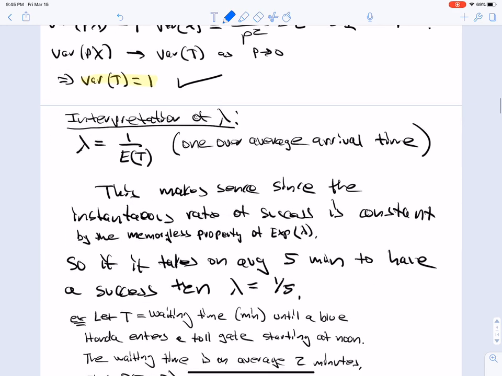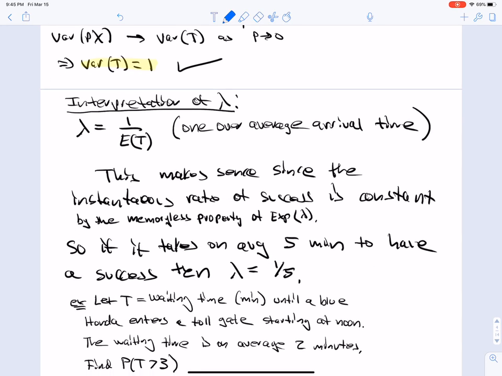So by this definition, lambda is 1 over the expectation of t. It makes sense that if the instantaneous rate is a constant everywhere, then it should just be 1 over the average arrival time.